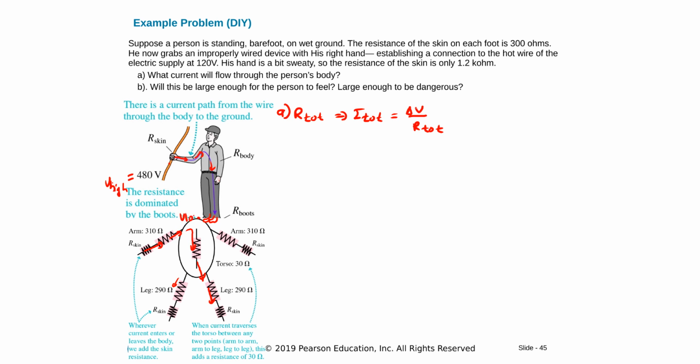So again it's like a power supply he is connected to, and delta V would be equal to 480. He doesn't have boots, so I put this picture here symbolically, but he doesn't have protective boots.